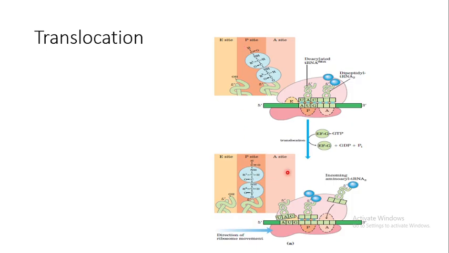So EFG is the translocase in this case, which is helping the ribosome to translocate so that the A site will be empty. This dipeptidyl tRNA2 will be placed in the P site, and this empty tRNA will be placed in the E site. So now the empty tRNA will leave the ribosome as it is in the E site, and the next incoming amino acid tRNA3 will come to the A site, right? Again the same thing will be happening, right?